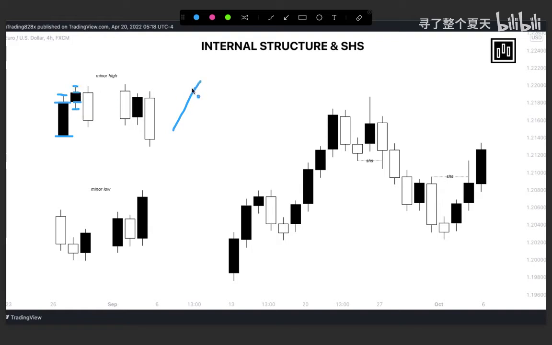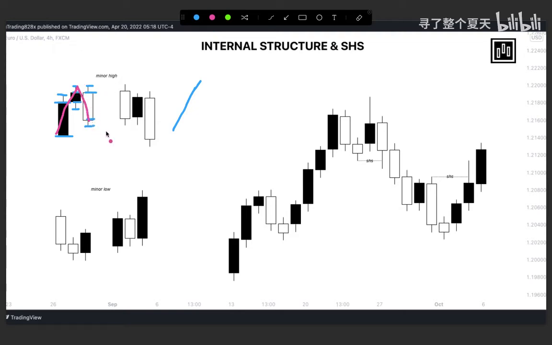So price was pushing to the upside. Now, with this bearish candle, price opened up around this area here, created this high, low, and then a close. So technically, price was pushing to the downside around this area here, which makes this a minor high, right?